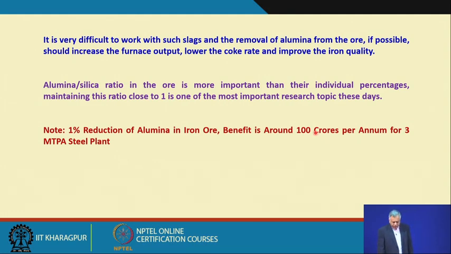That means 100 into 10 to the power 7 rupees per annum for a 3 million ton per annum steel plant. It is huge. That means a 1% reduction of alumina in iron ore has a benefit of around 10 to the power 9 rupees per annum for a 3 million ton per annum steel plant.